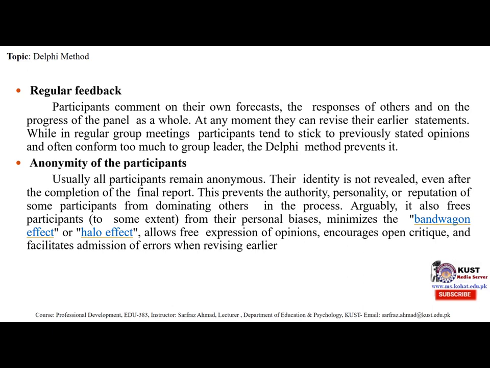Arguably, it also frees participants from their personal biases, minimizes the bandwagon effect or halo effect, allows free expression of opinions, encourages open critique, and facilitates admission of errors when revising earlier statements.